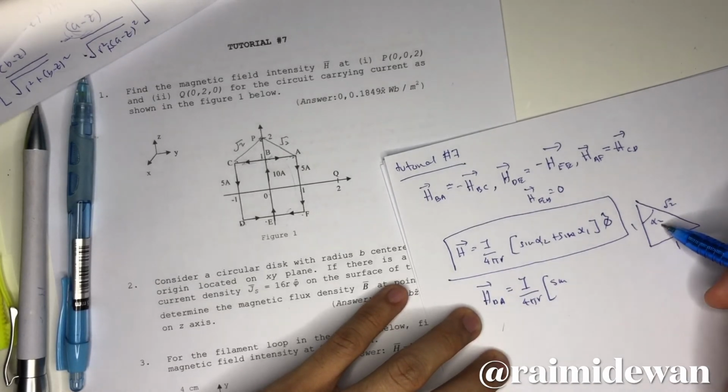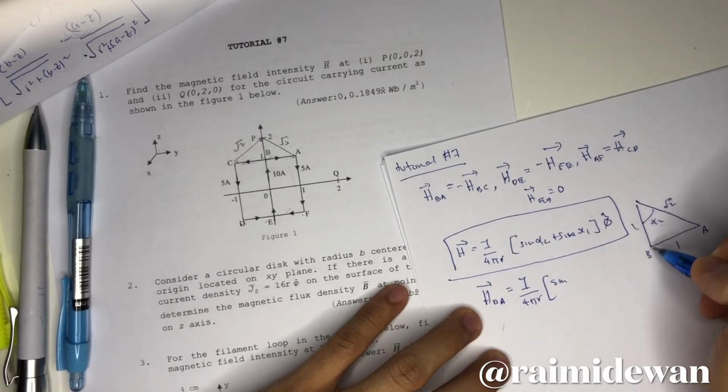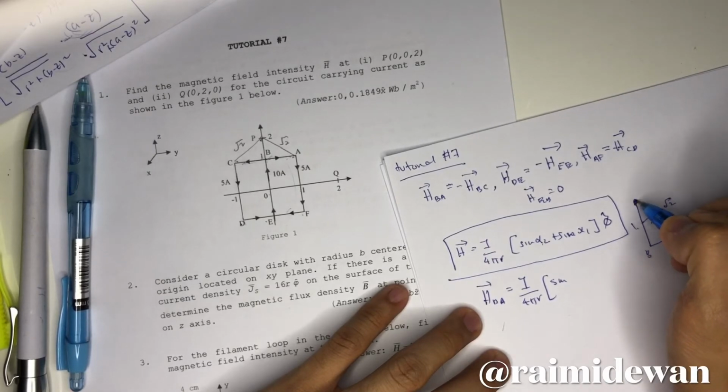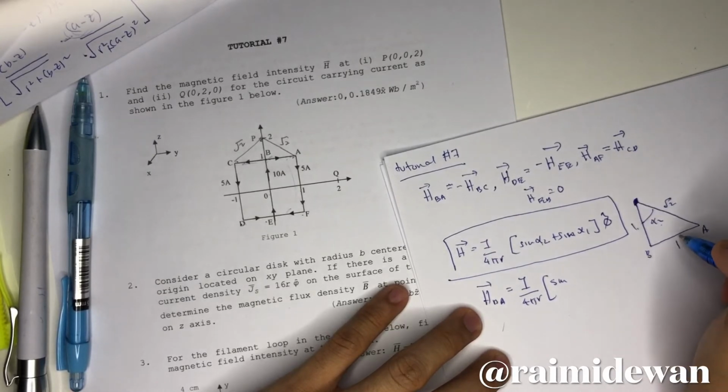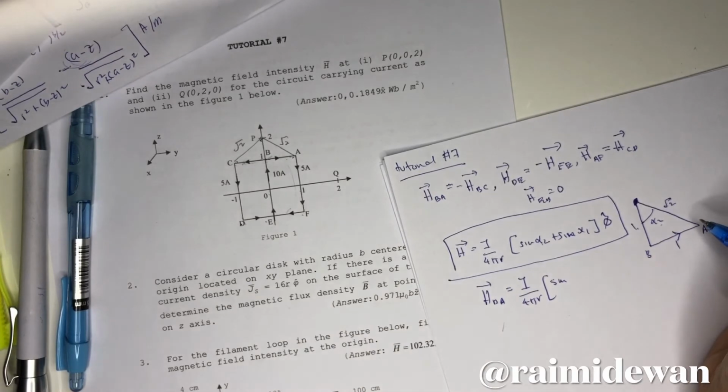So this is your alpha 2, this is your I. This is the point A, B, and this is the sampling point. This is the coordinate, and this is the direction of the current.